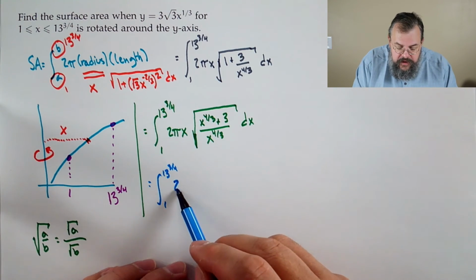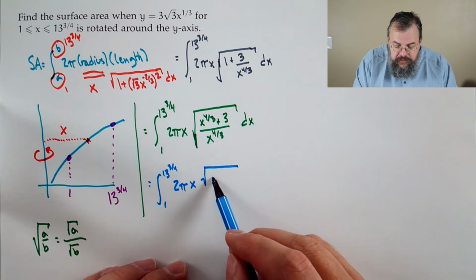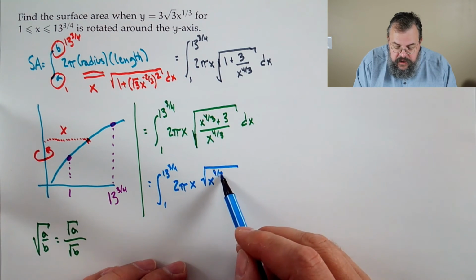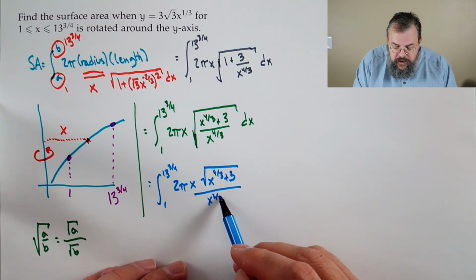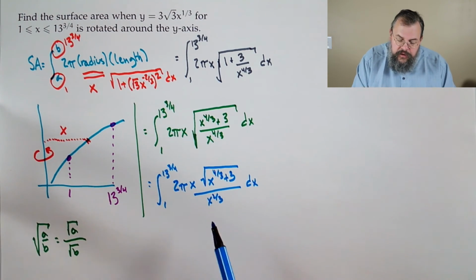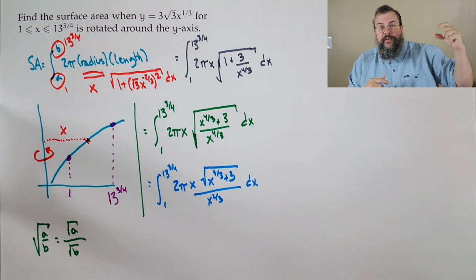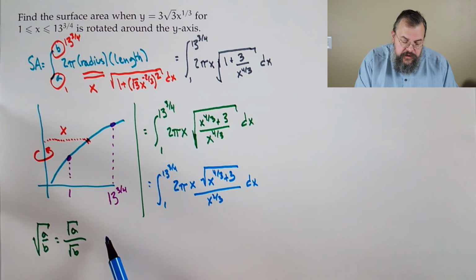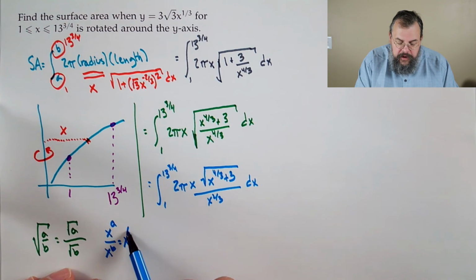So we have 2 pi x, the square root of x to the 4/3 plus 3, over x to the 2/3. Now, x over x to the 2/3: we have x to a power over x to a power. And there's another rule: x to the power a over x to the power b is x to the power a minus b.